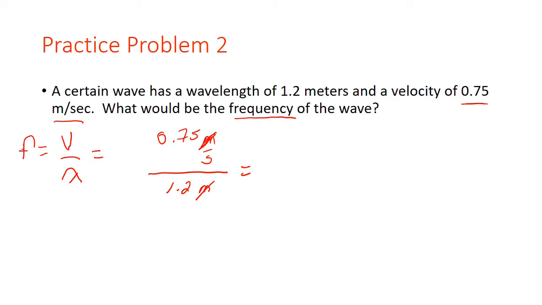Numerically, 0.75 divided by 1.2 would be 0.625, and that would be number of waves per second, or we can say that it's 0.625 hertz.